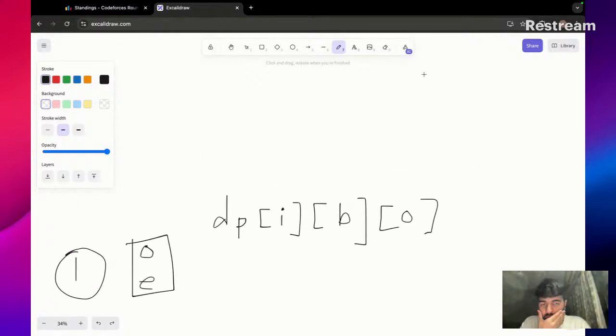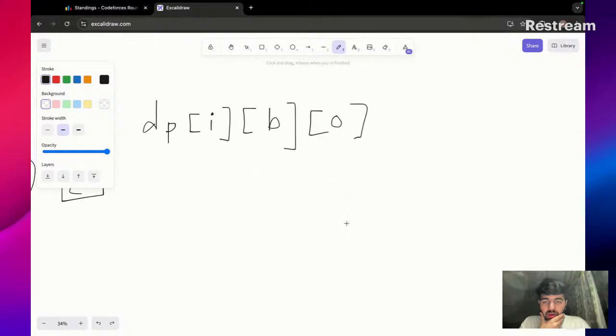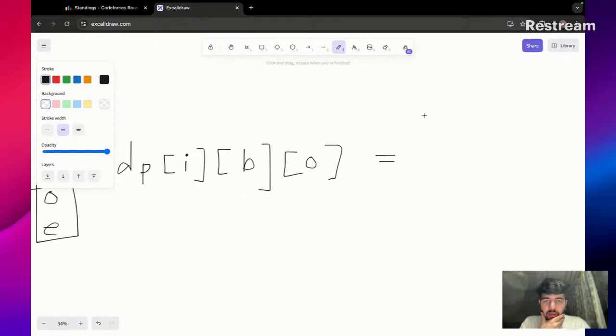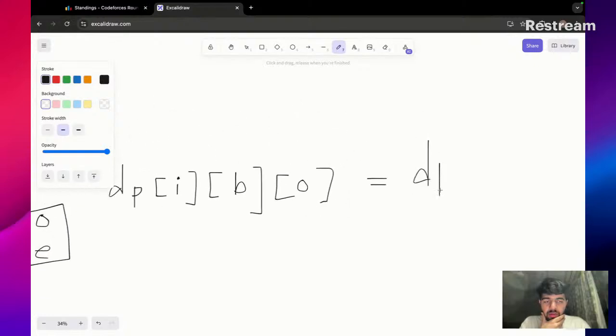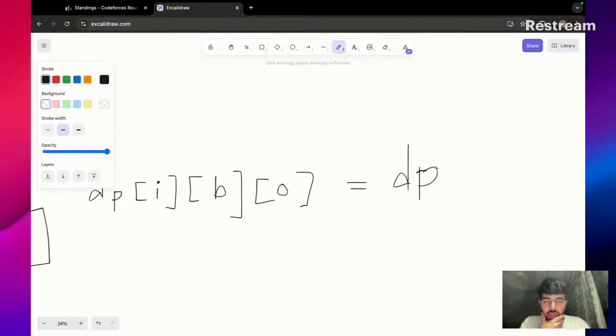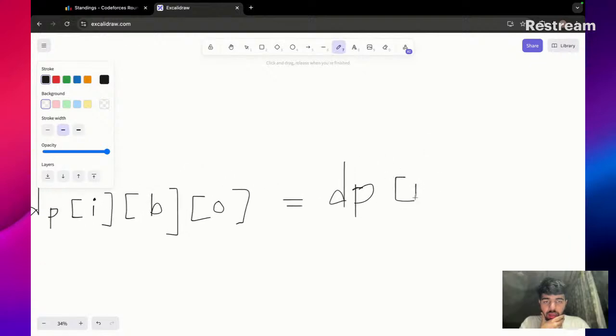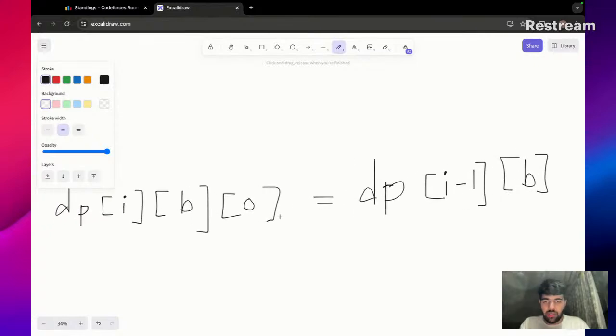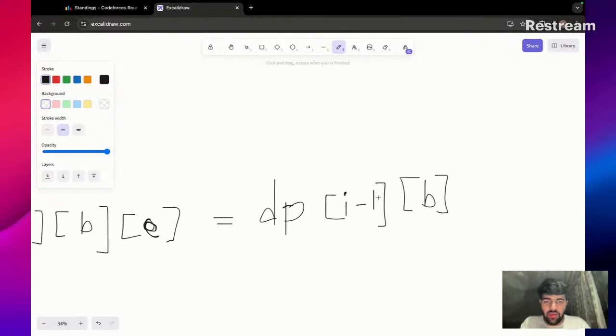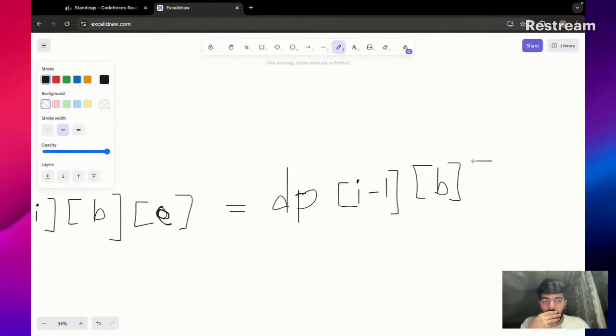The transition will be dp of I minus 1. So it is occurring even times, right? Let's call it even, dp of I minus 1, that bit occurring odd times.